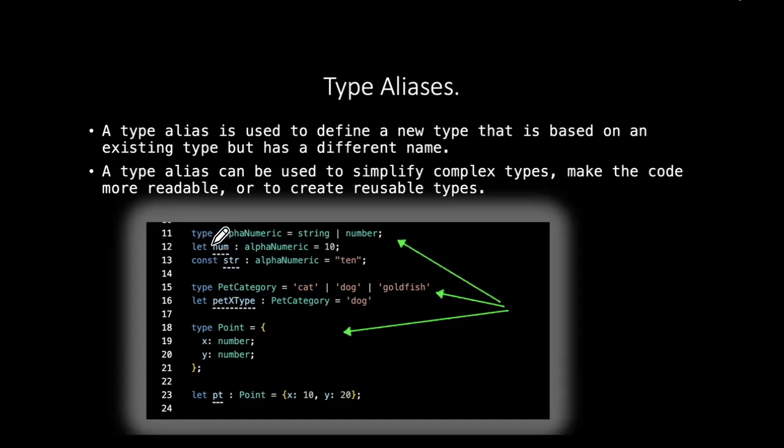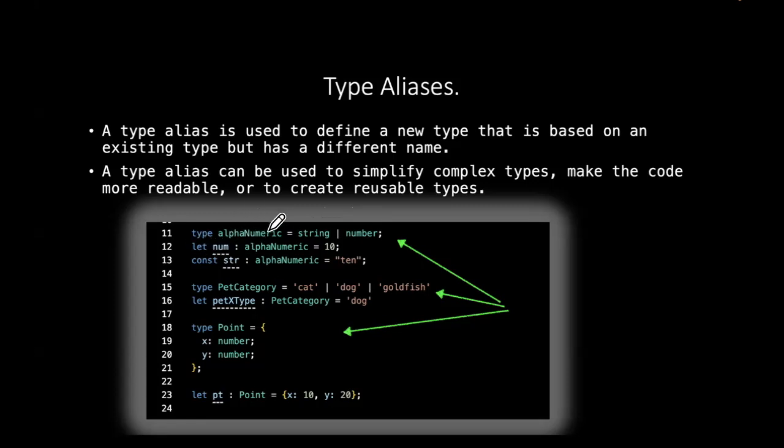I have two other use cases here, and I will come back to them again, but we'll just cover them now. What I'm doing here is defining a type called alphanumeric. The way you interpret this is that a variable of type alphanumeric could be a string or it could be a number. And we've got two examples here where I'm declaring variables of type alphanumeric.